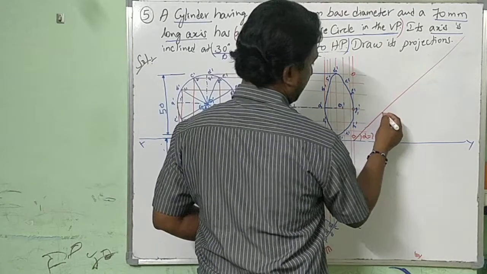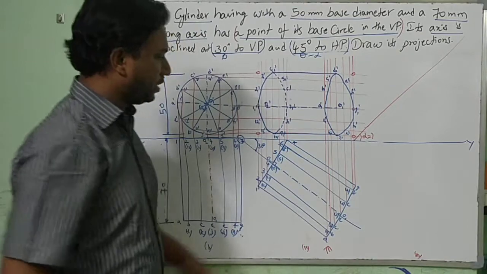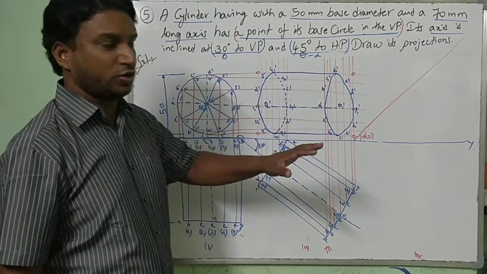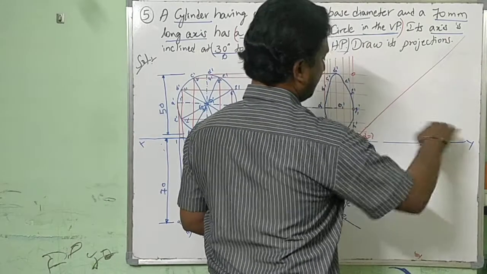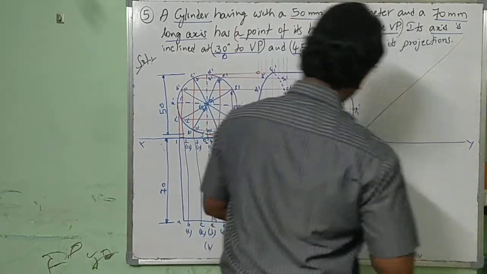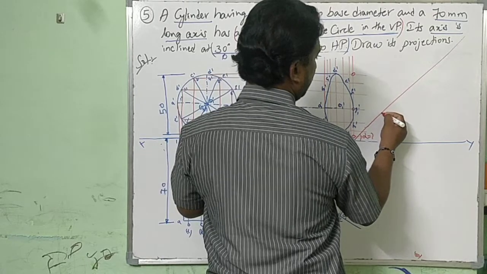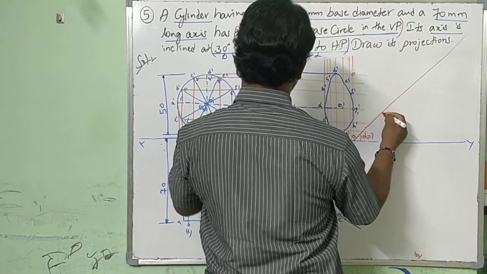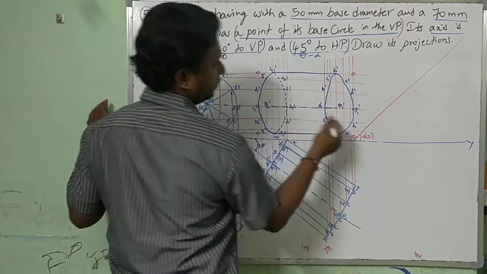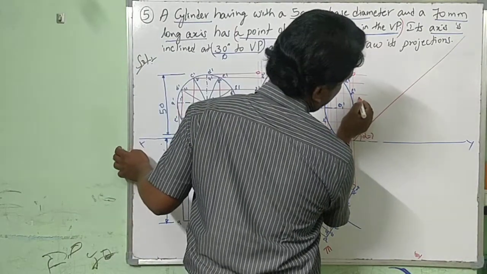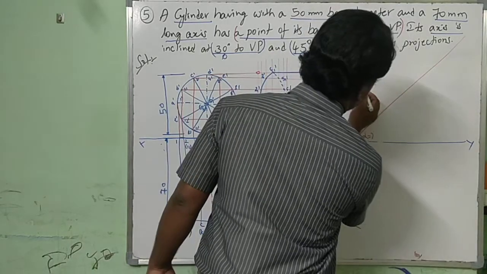So right, there is no need to contact the XY line. Why? Because in the front view no need to contact. So it has to just pass on the same line. Same line, you can just draw it. I will go beyond the center line, this one. How can I draw? Sorry boys, taking it short.